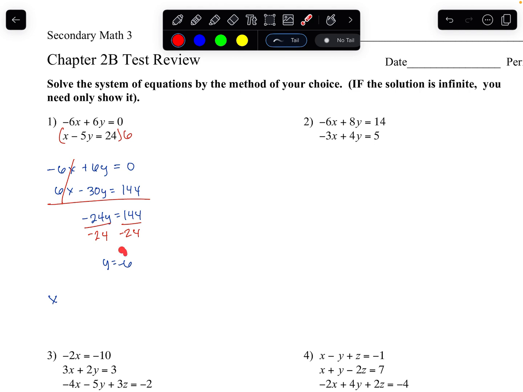So if I plug negative 6 in for y, that becomes negative 5 times negative 6, so that's going to be plus 30, and that's equal to 24. Then I'm going to subtract 30, and then x is going to be equal to negative 6. So the solution is negative 6, negative 6.